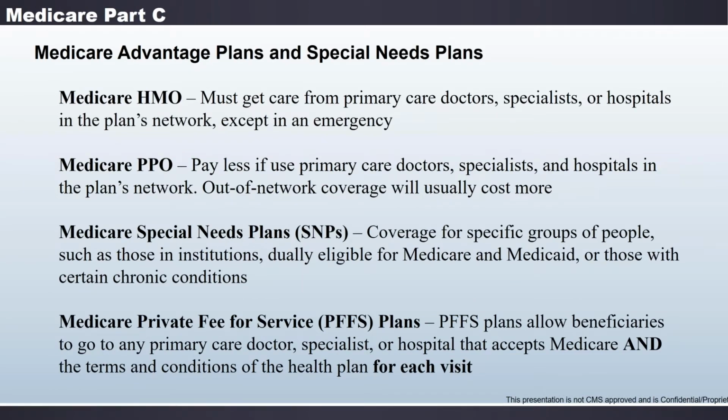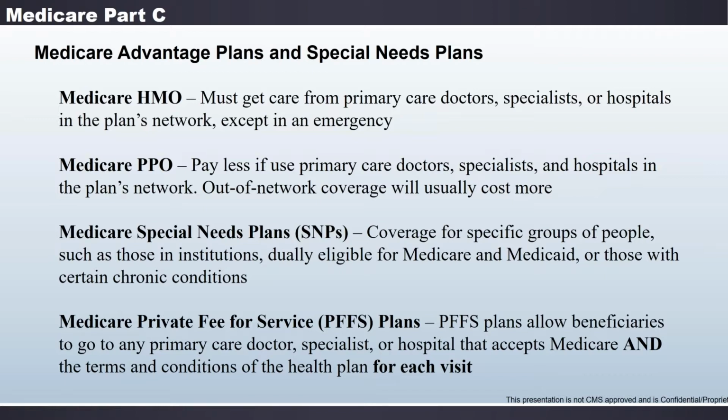So let's look at the different ones that they have. This is going to be very similar to the under 65 HMO. And here are the key things that go with the HMO. You must get care from your primary care doctor, your specialist, and hospitals that are in the plan's network. And if you go outside of the network, you know what happens?